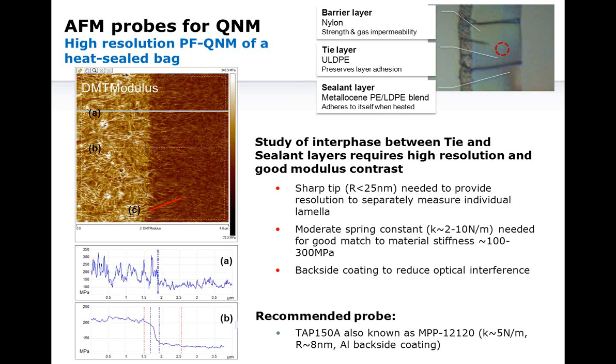Probe considerations for this application are apex sharpness, as this is also a high-resolution image, but now when we think of the spring constant of the cantilever, we need to take into account the material properties of the sample. In order to perform a good QNM measurement, the spring constant of the cantilever must match the stiffness of the sample. In this case, a TAP 150A is used, which also has a backside aluminum coating to reduce optical interference.